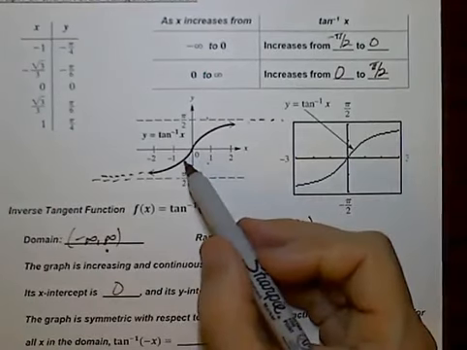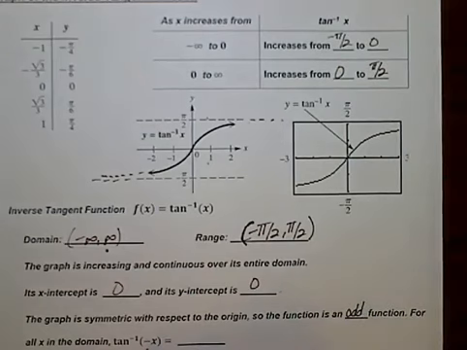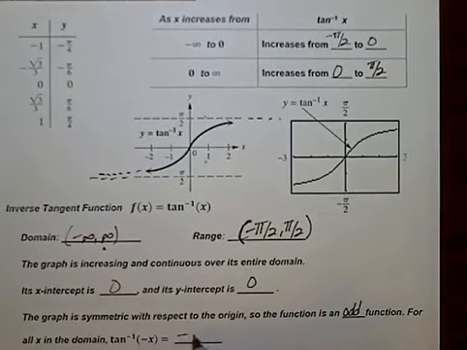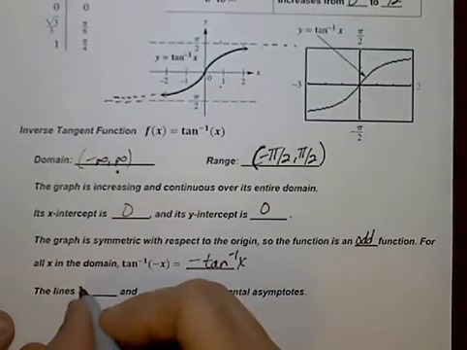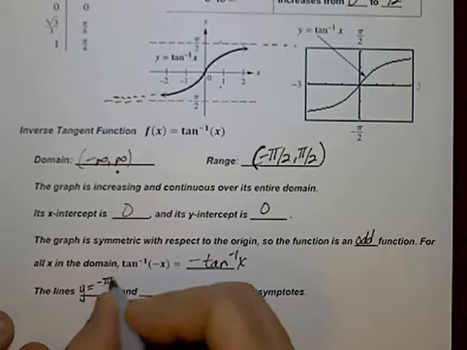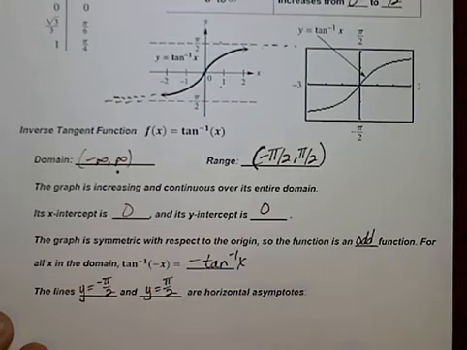This graph is symmetric to the origin, so that makes it an odd function. That means if we have a negative in here with our x, we can just pull it to the outside. And then the last thing is our two horizontal asymptotes. So the lines y equals negative pi over 2 and y equals positive pi over 2 are horizontal asymptotes for this function.